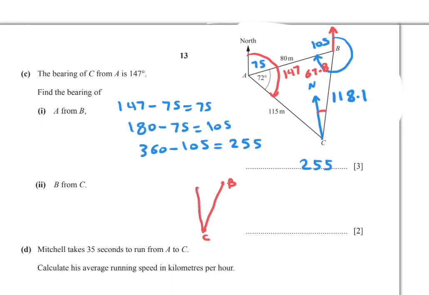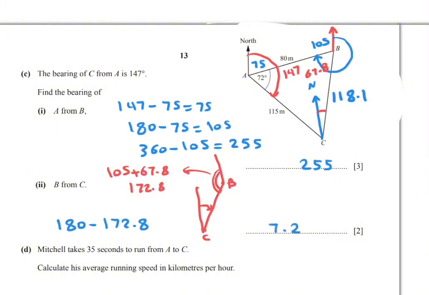So we need to find B from C, and this angle you can find by adding 105 and 67.8. So this angle is 172.8. Now you can find that one, which is 180 minus 172.8 equals 7.2 degrees.